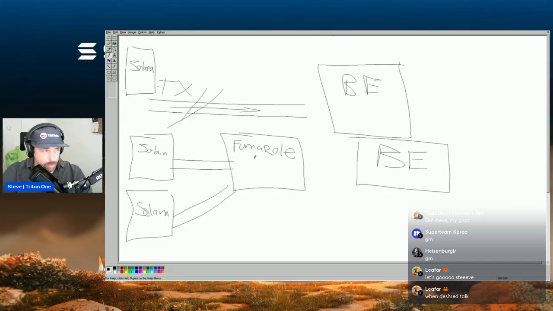Fumarole deduplicates, so it makes sure that it ends up with every transaction only one time, and from there it sends it to your backend. The upside of this is that against very little increased latency, you can have a reliable stream.